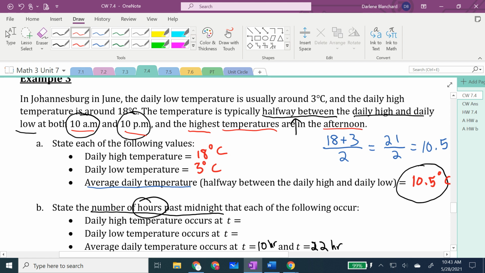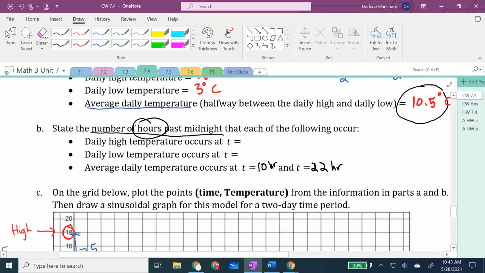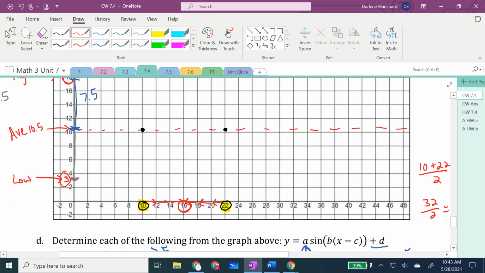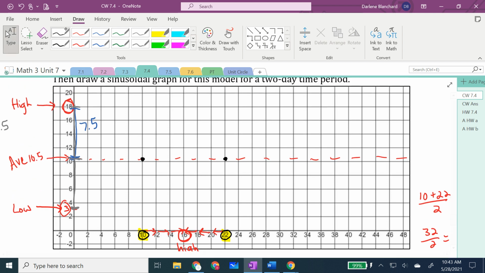In other words, this is going to be a high temperature because that is an afternoon time. That is 4 hours after noon, so it's in the afternoon. And I'm going to plot that point because we now have that at time 16, we are at the high point of 18.